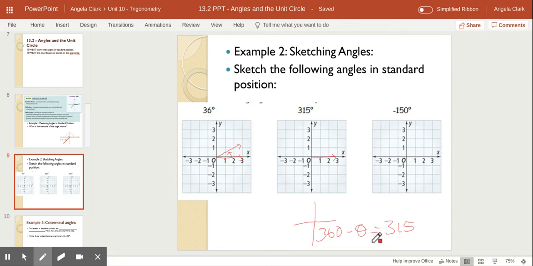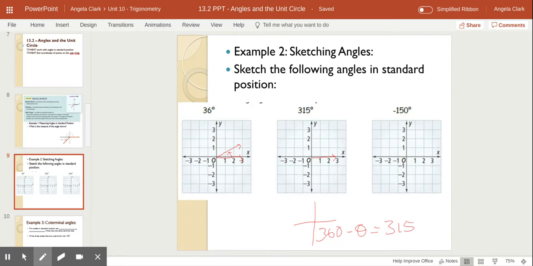So to find the reference angle, I am going to subtract 315 from 360. So basically, I'm just rearranging this equation, right? If I add theta to this side and then subtract 315 from this side, I would get 360 minus 315 equals theta.